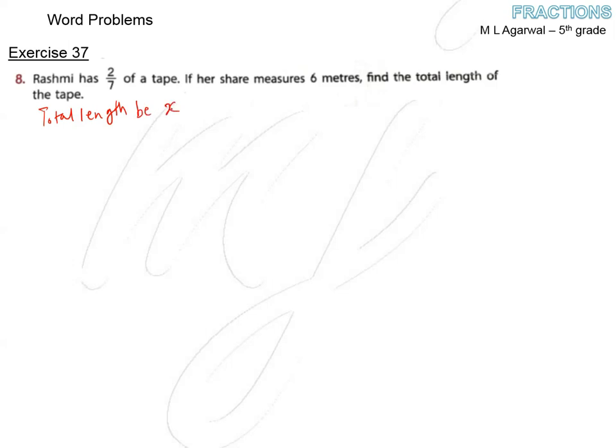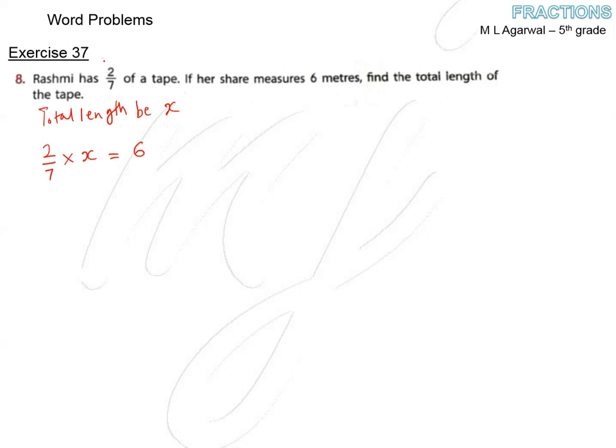Let us presume total length x. So 2/7 of a tape. I have taken the tape's length as x. So 2/7 of x is, because this is Rashmi's share, 2/7 of the total tape is 6 meters. Correct? Understood how to go about this?